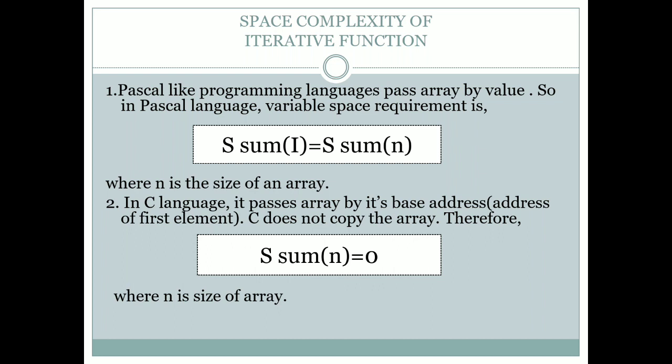Let's take another case. If we are using the C language, C doesn't need any variable space. Why? Because C only passes the base address of the first element for passing an array. It does not copy the array. So our requirement for the variable part is 0.